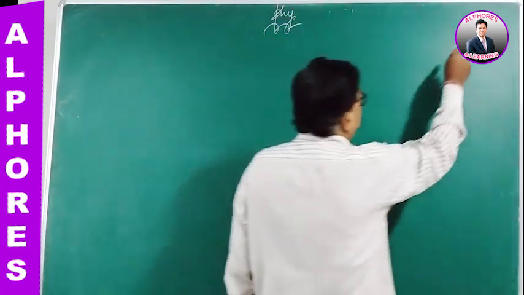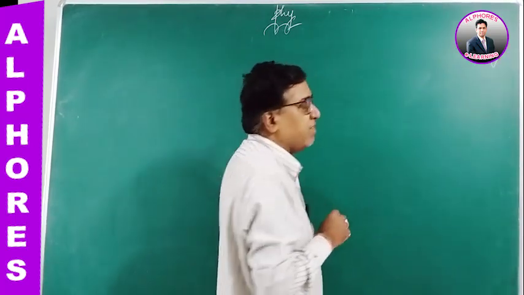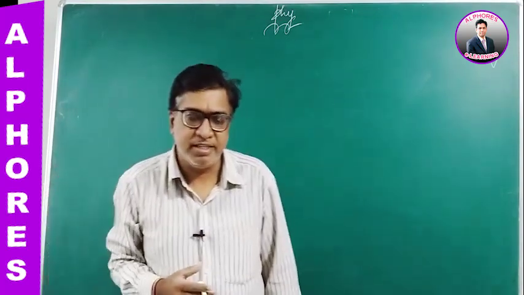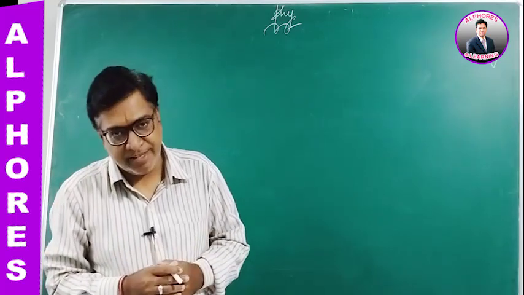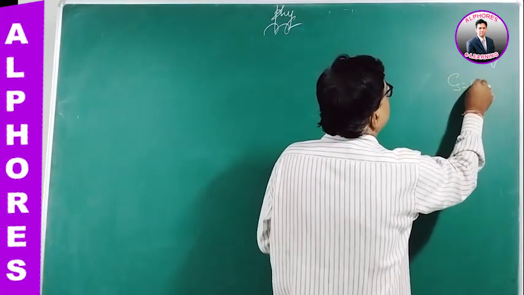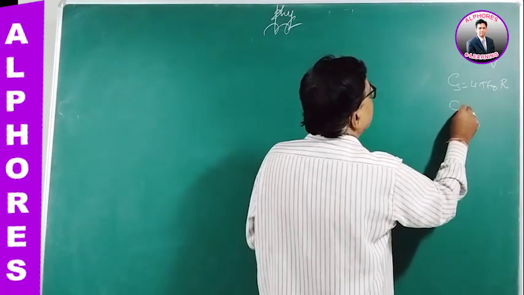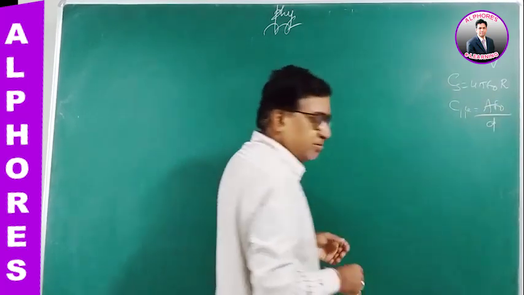So I was telling you, the capacitance of a capacitor C is equal to Q by V. A capacitor is a device to store charge and energy. The capacity of a spherical capacitor is 4 pi epsilon naught R. The capacity of a parallel plate capacitor is A epsilon naught by D. We have dealt with different types of capacitors.